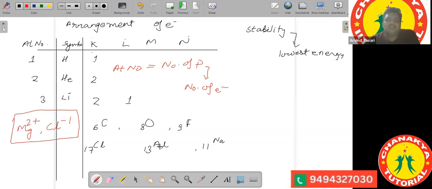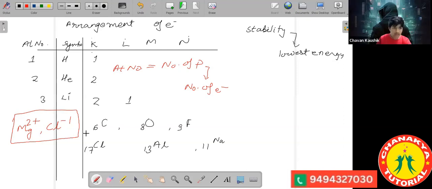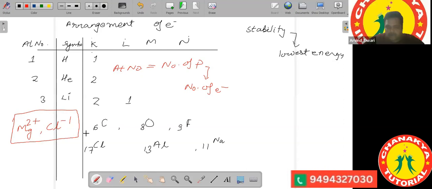Very few of you have sent me the configuration of Mg2+ and Cl minus 1. Chavan Kaushik, you are not giving any of the answers. Sir, I'm doing Mg2+ and Cl minus. I don't know if it's correct, so I'm redoing it.